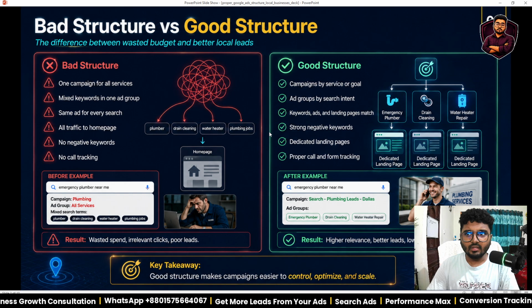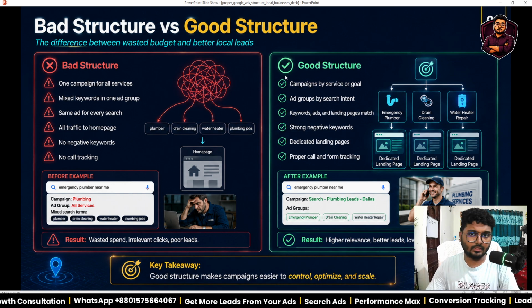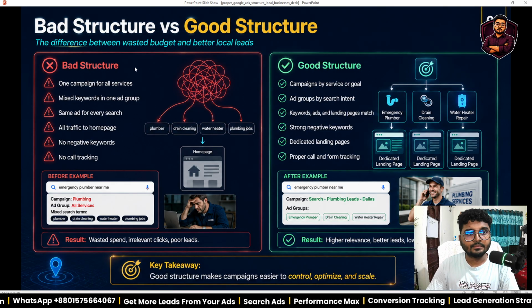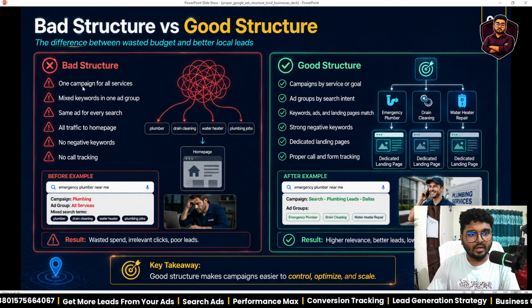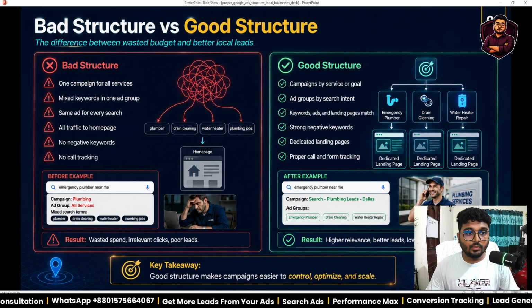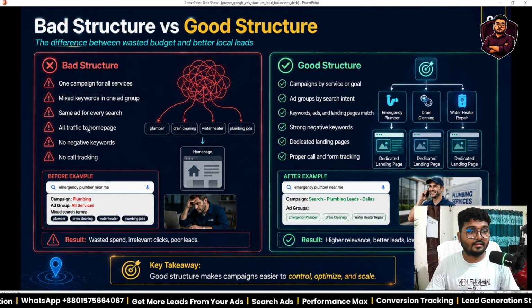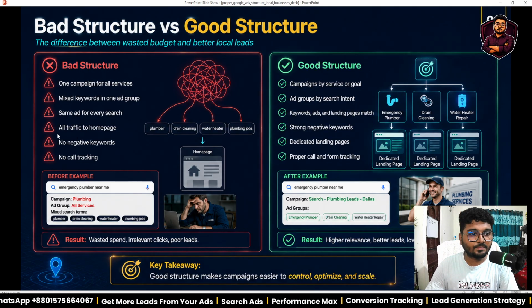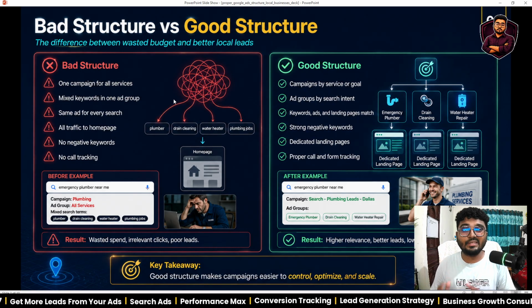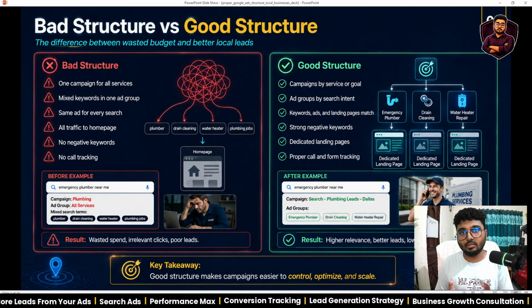So here is the second presentation: bad structure versus good structure. In bad structure, we generally put one campaign for all services, mixed keywords in one ad group, and the same ad for every search, all traffic to the homepage, no negative keywords, no call tracking, and it becomes a messy thing for you.